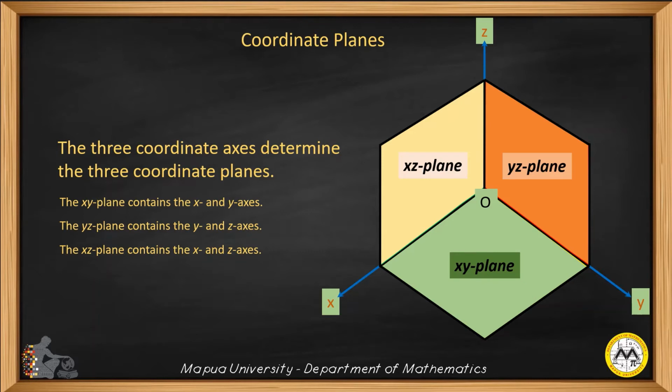The plane that contains the x and z axes is the xz plane, that which contains the x and y axes is the xy plane, and the yz plane is the plane that contains the y and z axes. You can view this as a 3-dimensional figure, where the coordinate planes as well as the coordinate axes are mutually perpendicular to one another at the common point, which is the origin.